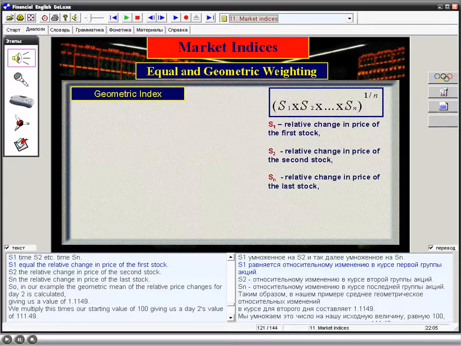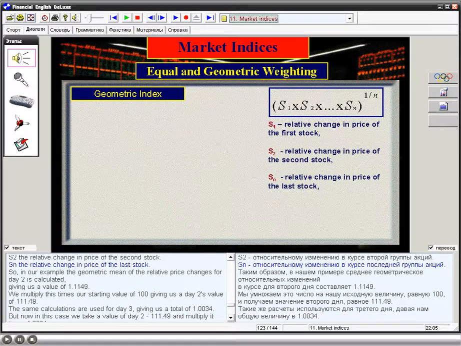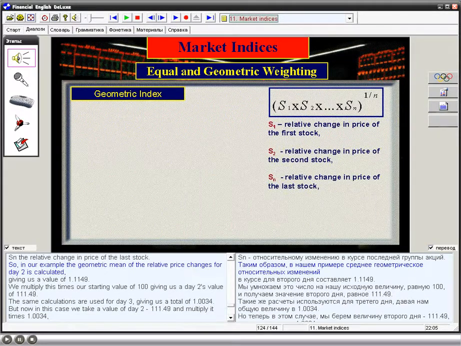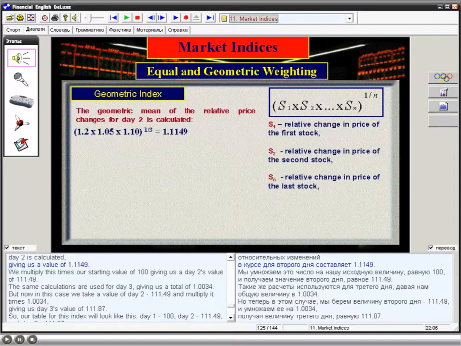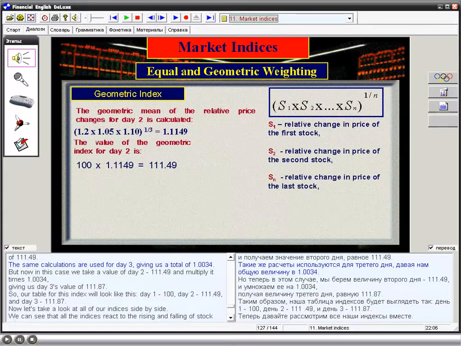S1 equaling the relative change in price of the first stock, S2 the relative change in price of the second stock, Sn the relative change in price of the last stock. So in our example, the geometric mean of the relative price changes for day 2 is calculated, giving us a value of 1.1149. We multiply this times our starting value of 100, giving us day 2's value of 111.49.